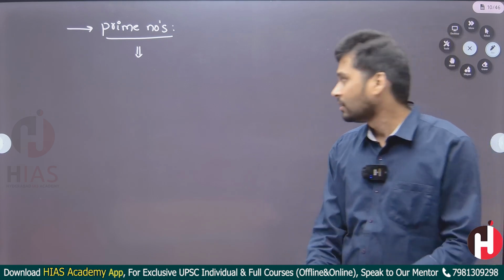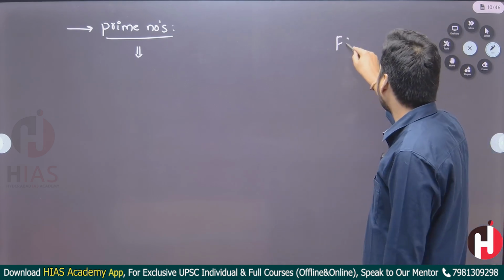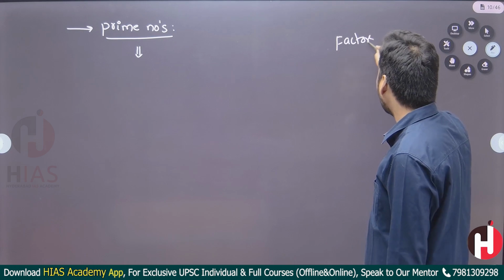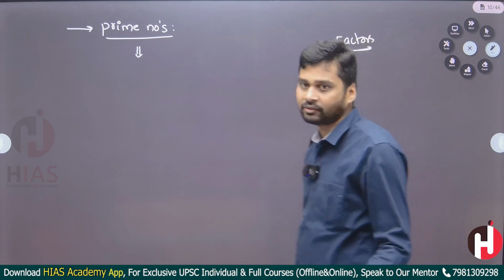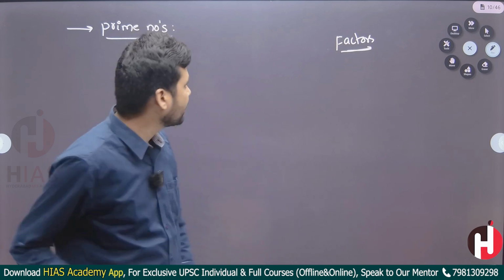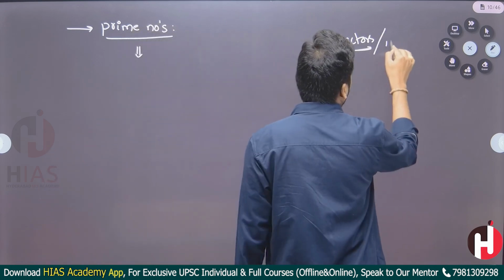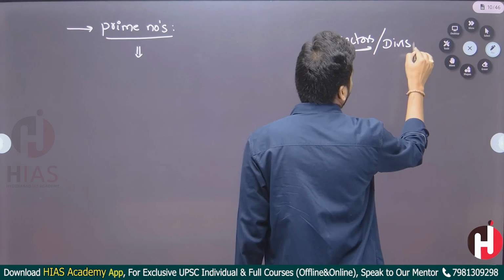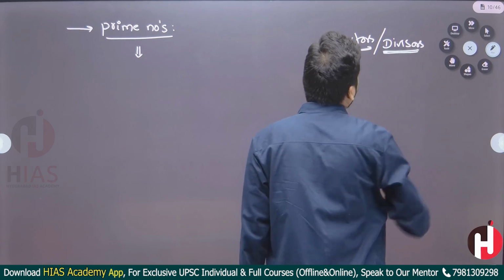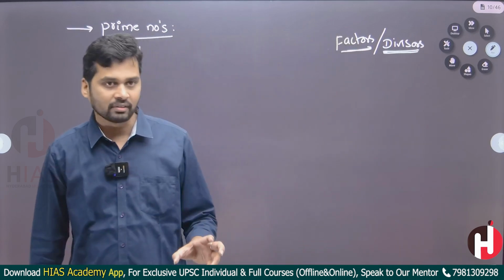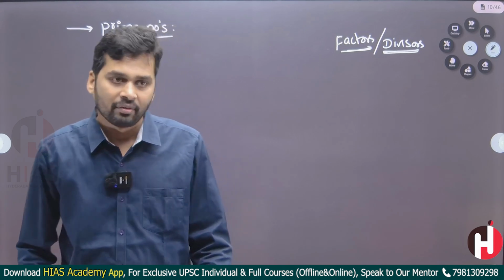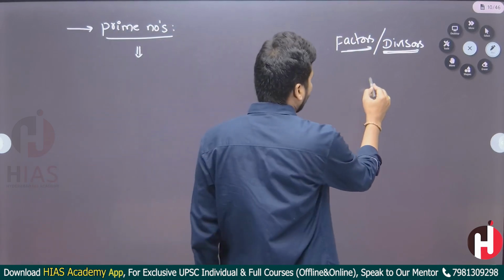Before this, I'll give you the definition of factors because it is important. Factors, we can also call them divisors. What is meant by factor or divisor? Suppose you take 24.